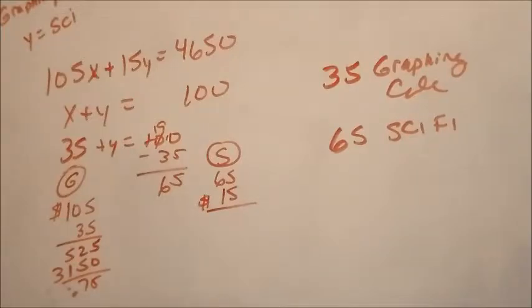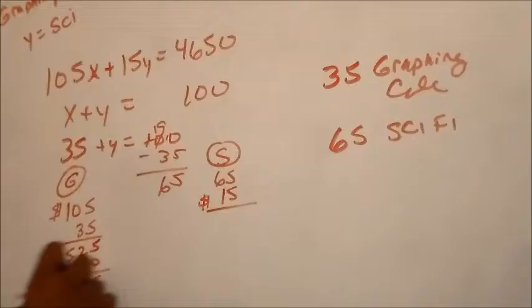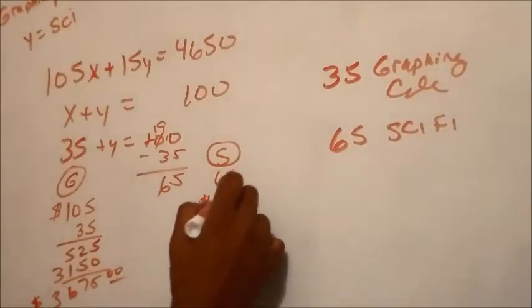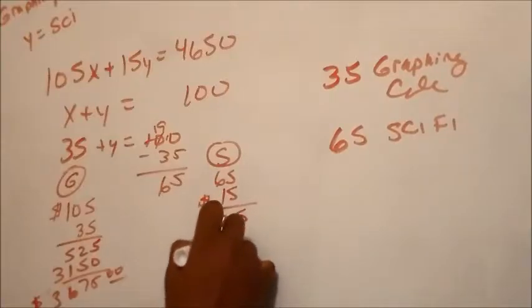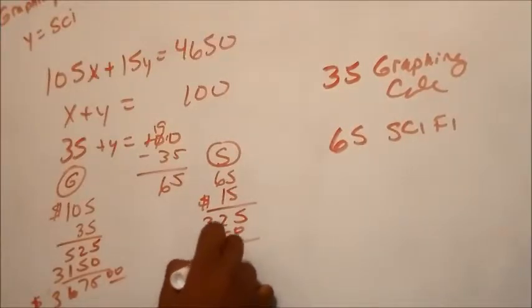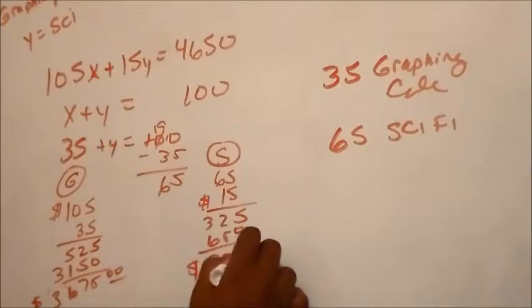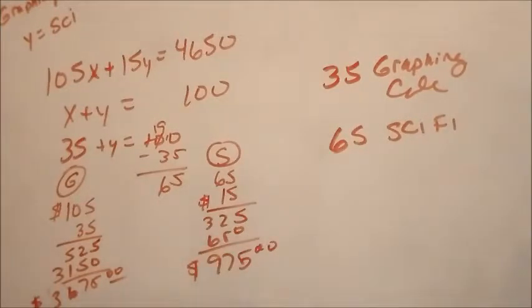Why did I put a 6? I bumped my head a lot when I was a kid. $3,675 for graphing calculators. $975 for scientific calculators.